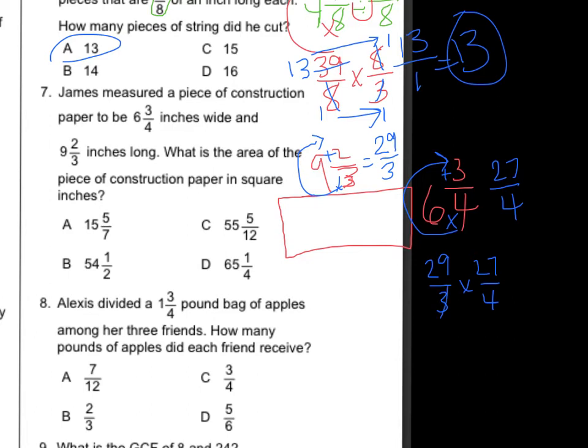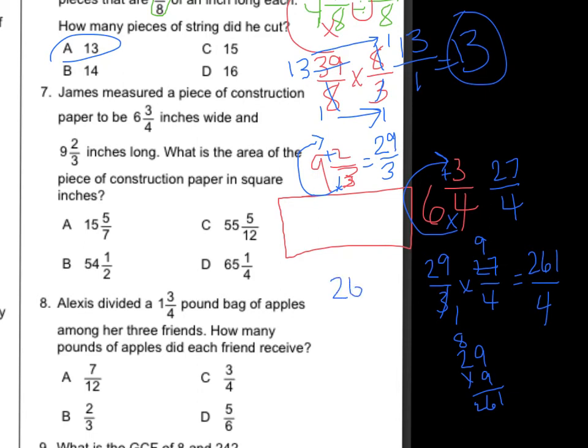3 goes into 3 once. 3 goes into 27 9 times. So my denominator is 4. My numerator, 29 times 9. You should be working this along with me. 261 fourths, which is improper.